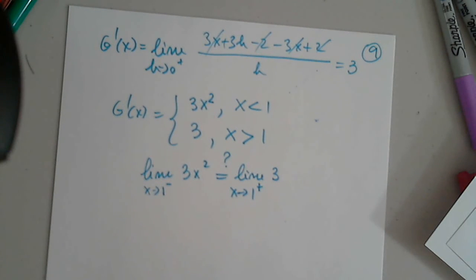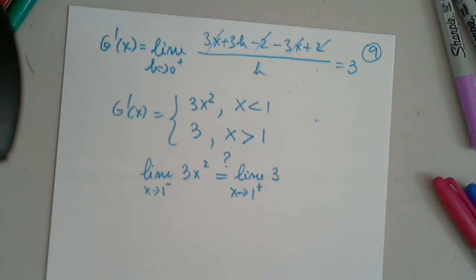If these two limits are the same, I will say the function is differentiable at that point. If they are not the same, then the function is not differentiable at 1. It is continuous, but not differentiable.